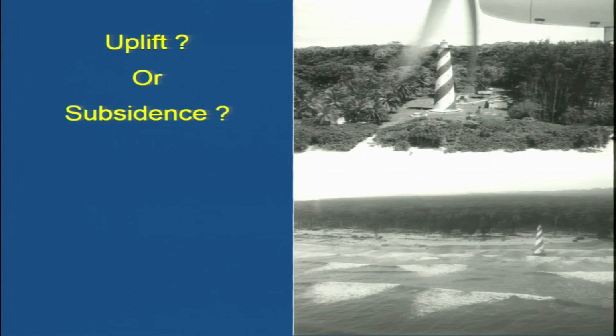This is the lighthouse, and before the earthquake you can see that it was surrounded by lush green vegetation and all the settlements, but after the earthquake there was a subsidence, due to which all the matter up to the present day shoreline was swept off.